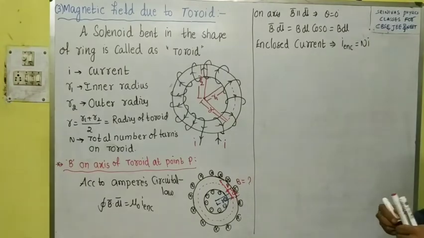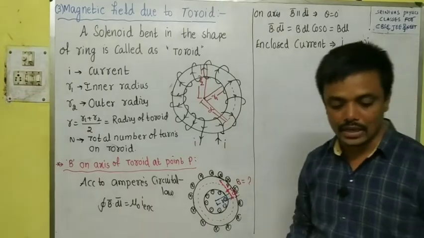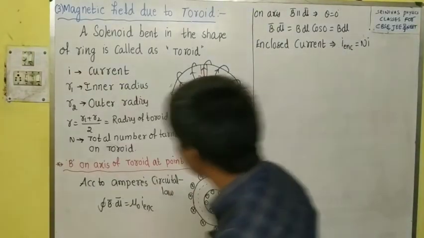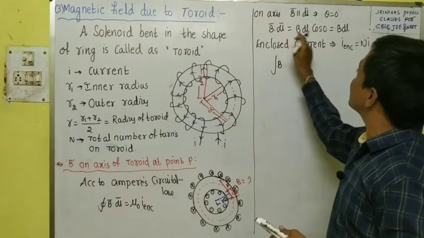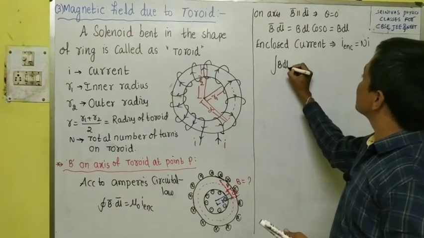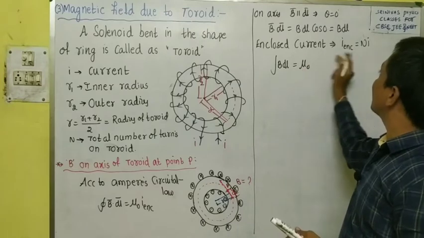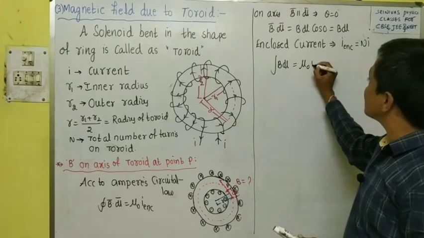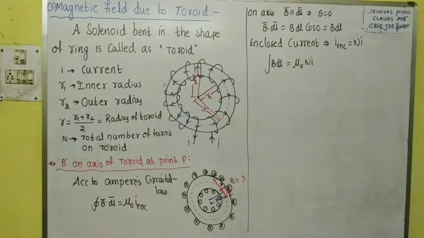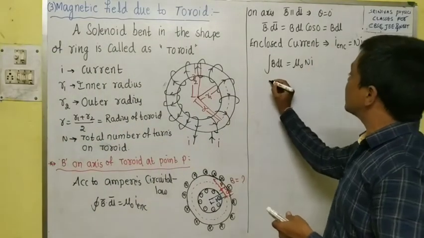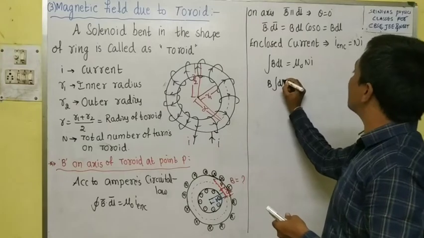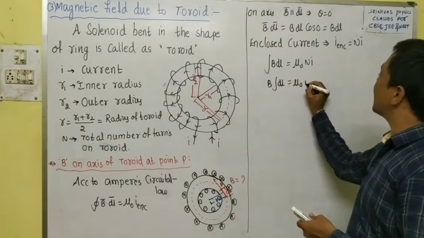This all we substitute in this equation, then we will simply get the B formula. The integration of B bar dot dl bar is B dl, equal to mu naught times the enclosed current, NI. B we write outside, so B times integration dl is equal to mu naught NI.